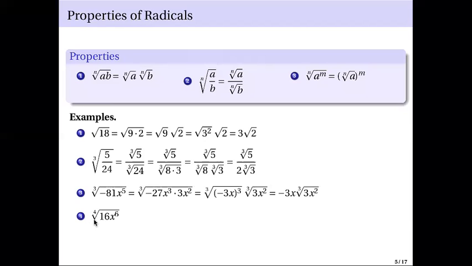You have the fourth root of 16x to the 6. Now, this is an even index, okay? And we have a variable x, but that variable is being raised to power 6.